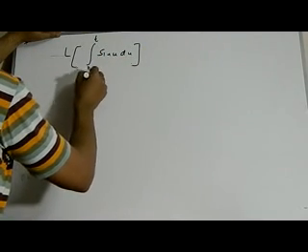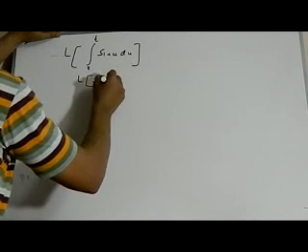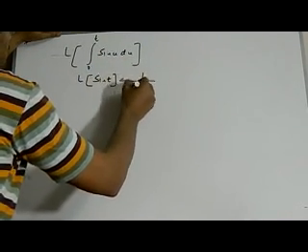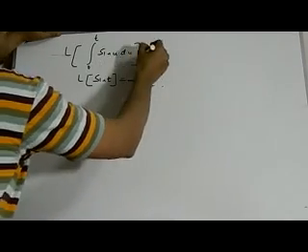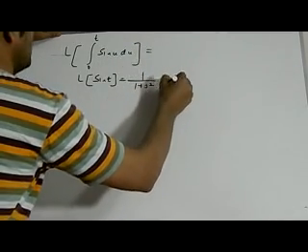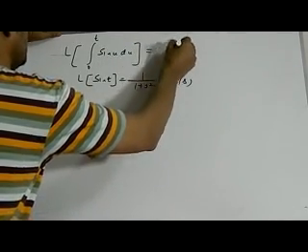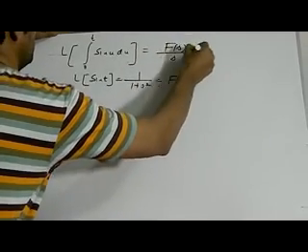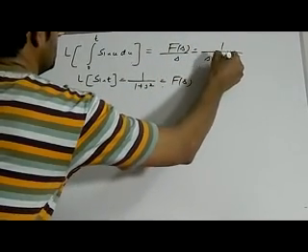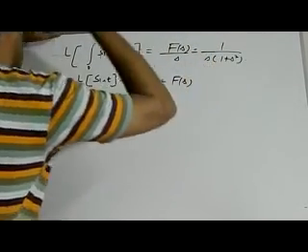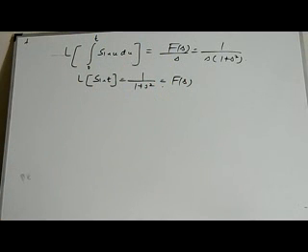Now we know that the Laplace of sin t is simply 1 upon 1 plus s square. So if I take this as my F(s), it should be F(s) by s, that is 1 upon s into (1 plus s square). So these are some important applications of the convolution theorem.